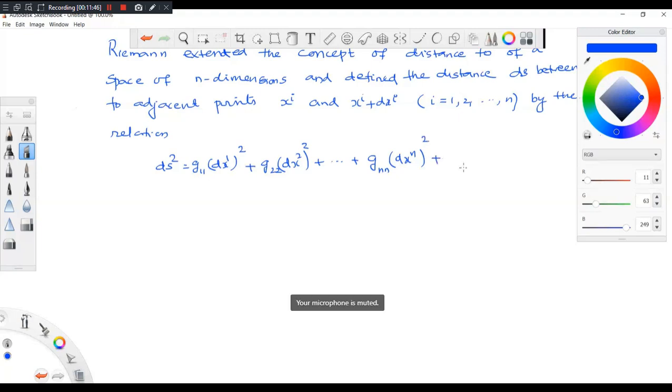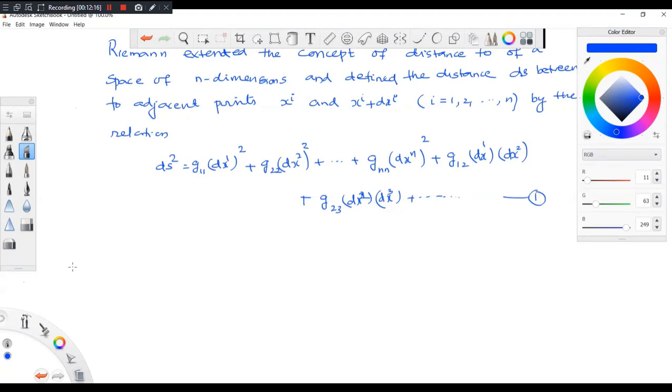And not only that, I have g12 into dx1 into dx2. These cross terms are also permitted. Plus g23 dx2 dx3, and likewise it will go. Call this 1.